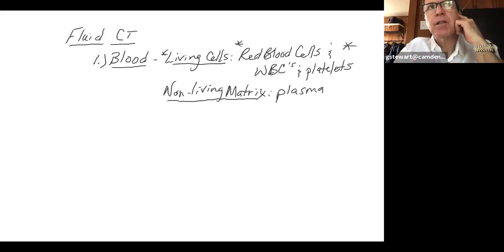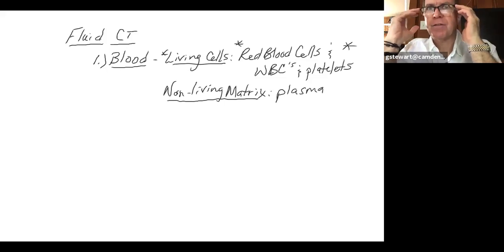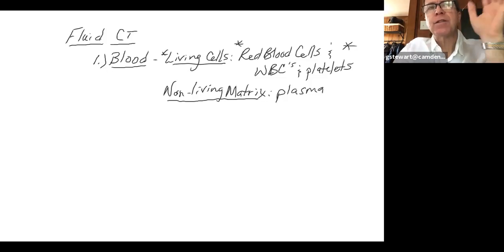These cells, this is a unique situation in connective tissue. It's pretty much the only connective tissue where the cells don't actively always secrete fibers. And it's so complicated that I'm not going to require you to know this for the quiz. When you study blood in A&P2, you do it in depth.